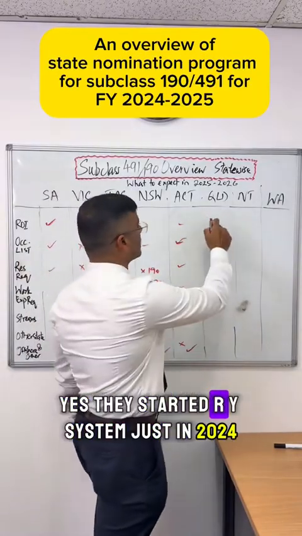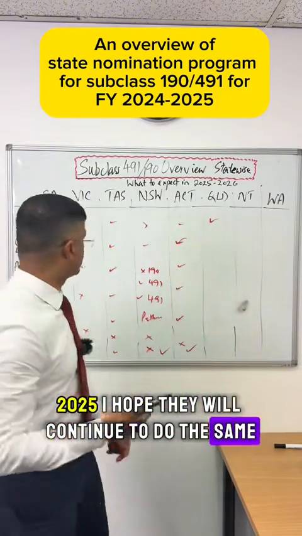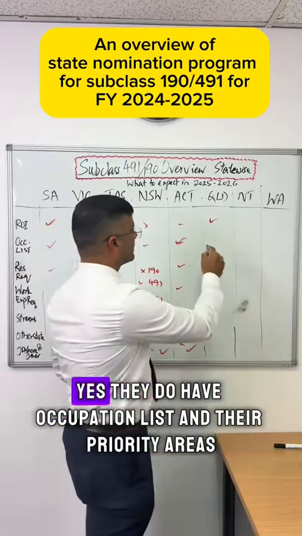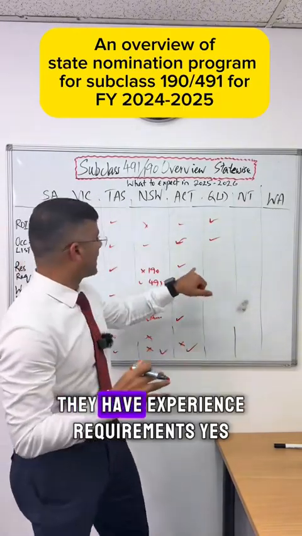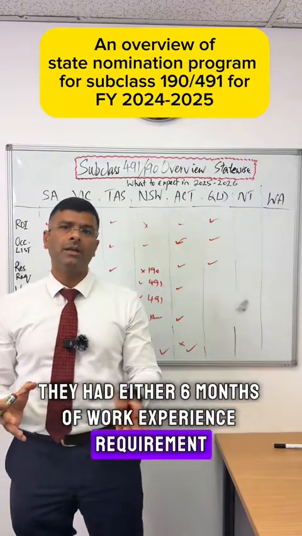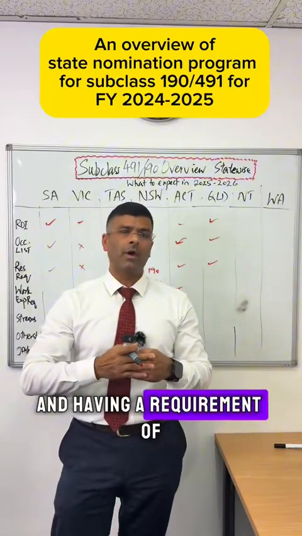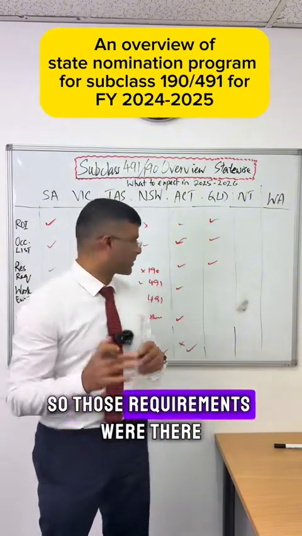Yes, they started the ROI system just in 2024-2025. I hope they will continue to do the same. And occupation list, yes, they do have an occupation list and their priority areas. They have experience requirements. Yes, they had either 6 months of work experience and a requirement of availability of your job for another 12 months. So those requirements were there.